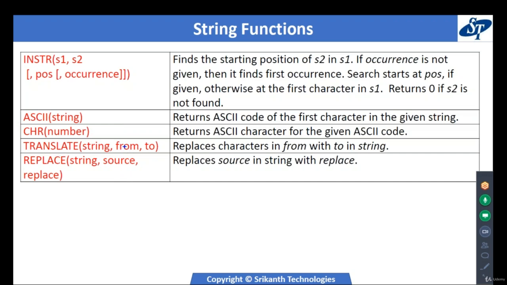TRANSLATE converts every occurrence of the character given in from to the corresponding character in to. It is to translate one character to another character. It's character-based translation. When you want to replace a string with another string, we need to use REPLACE, which is a string-based replacement.